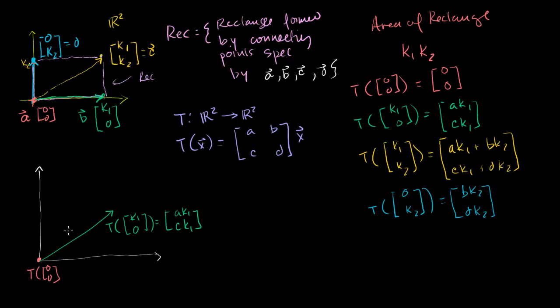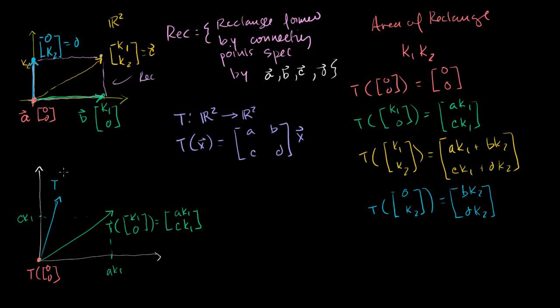Saw that already. Now what does this yellow guy get transformed to? Well, let me do the blue one first. So the blue one gets transformed here. If we come down here, this is going to be ak1 right there. If we go to the left like that, that's going to be ck1. That's how we graph it. Now, this last guy, this blue guy, let's say he looks something like this.